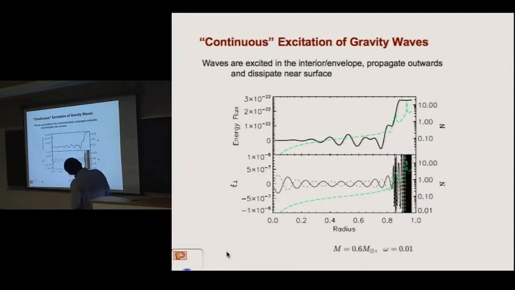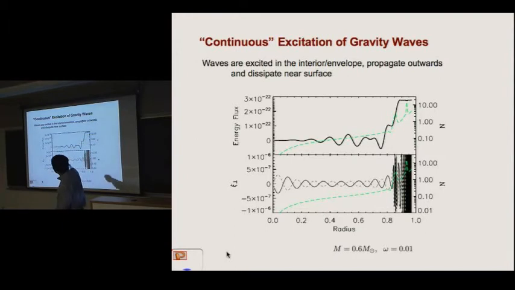You can see here that most of the sudden change in the energy flux of the wave occurs at this particular region where we have the transition from carbon-oxygen to helium. This green curve is one of the oscillation frequencies, because you see the feature here. So wave excitation may occur here. For whatever reason, the wave gets launched in this region.